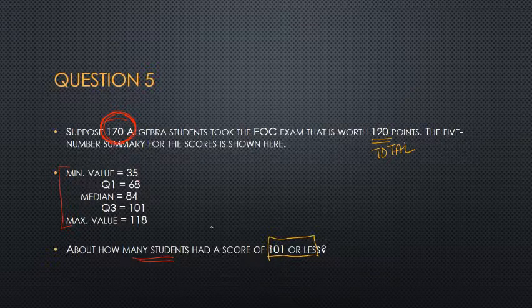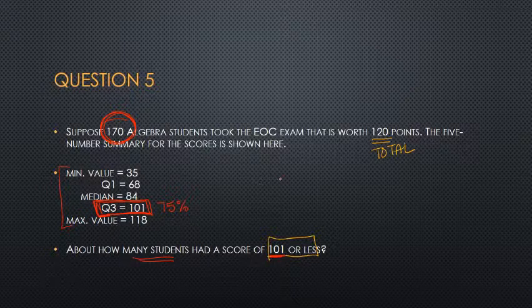Well, if we look at 101, what does 101 match up with? It matches up with the third quartile, and the third quartile tells us that 75% of our data is represented up to that point.